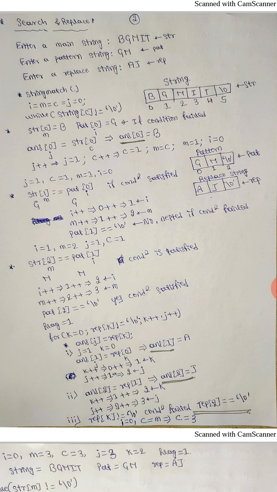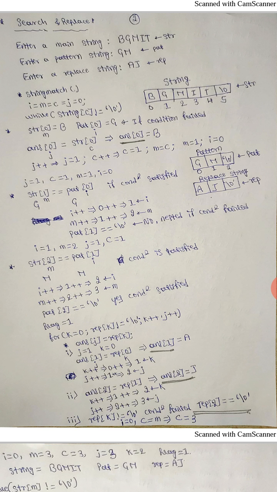First, we need to search our pattern in the main string, and again we need to understand one more thing: the entire pattern should be present in your main string. So to do that, we will be making use of loops, and we will compare each character of our pattern string to the main string.